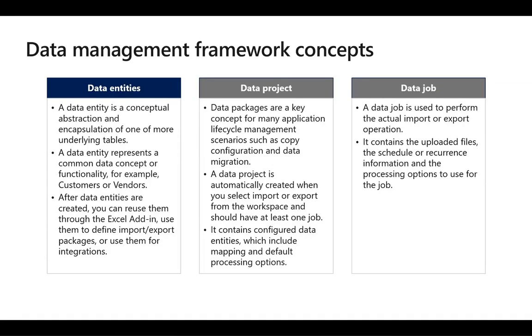In this case, the data entity for the customer concept appears as one denormalized view in which each row contains all the data from the customer table and its related tables. A data entity encapsulates a business concept into a format that makes development and integration easier.